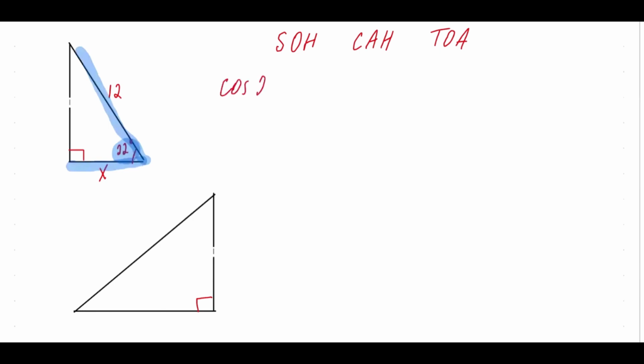The angle always goes inside, and according to the definition, it's a ratio of adjacent over hypotenuse. So the order matters. Here we can use a proportion. We can multiply each side by 12, and that would be 12 times cosine of 22. By the way, if you write cosine of 22 first, your calculator will open parentheses.